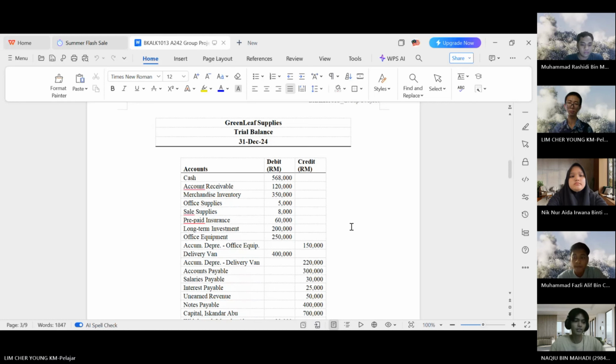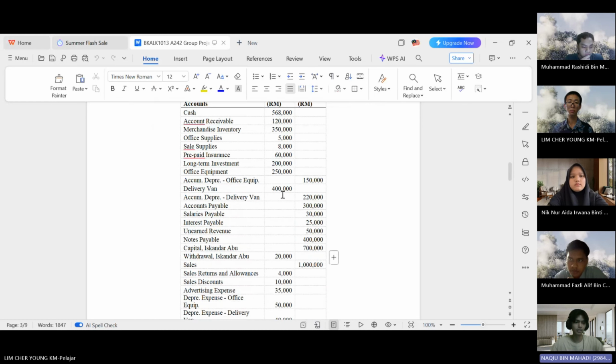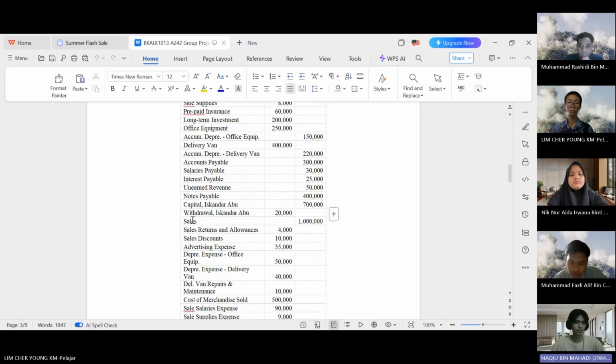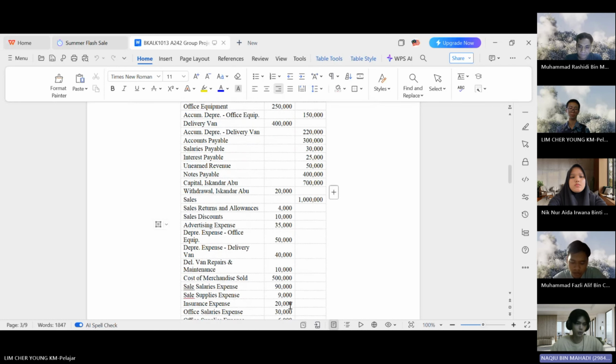So for selling expenses, we have advertising 35,000 ringgit Malaysia, sales salaries 90,000, sales supplies 9,000, depreciation for office equipment 15,000, depreciation for the delivery van 40,000, repairs and maintenance 10,000 ringgit Malaysia.